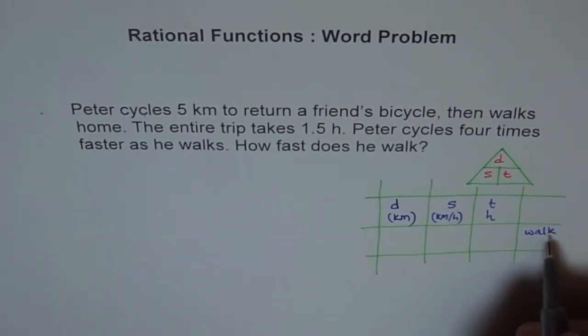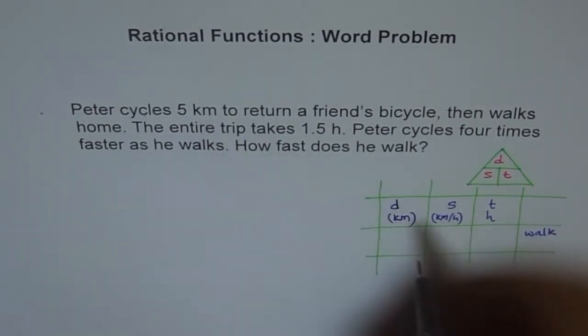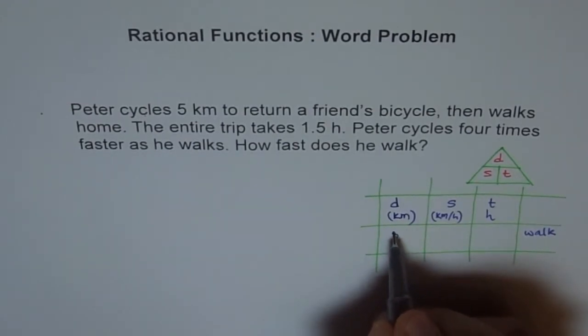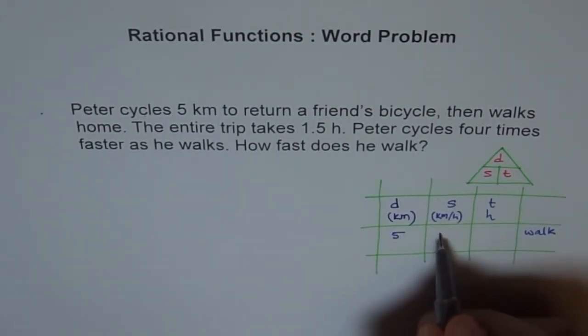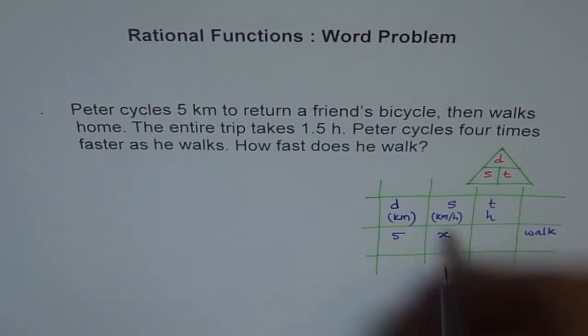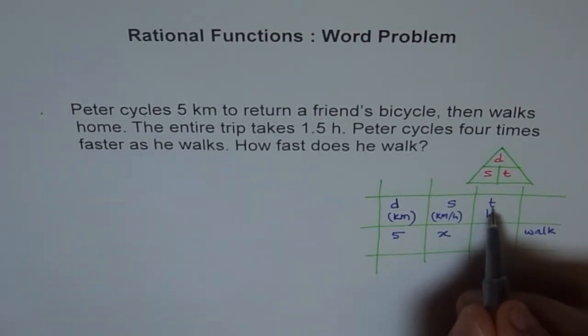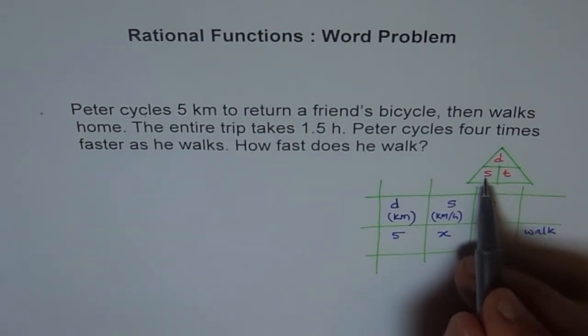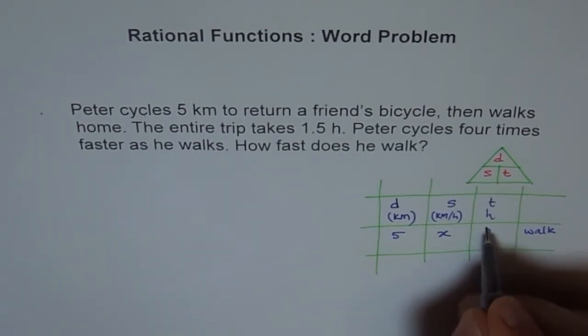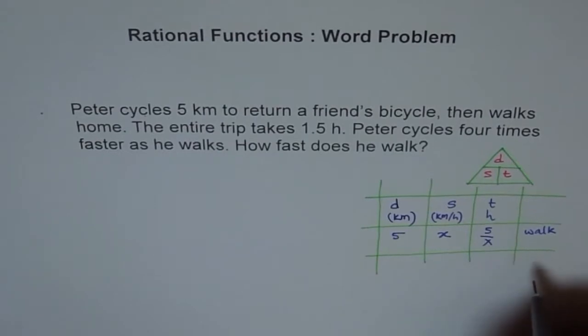So let's say when he walks, he has to walk 5 kilometers back. So it is 5 kilometers here, and the speed is, let us say, x. If you walk with a speed of x kilometers per hour, how much time will be taken? Time is distance divided by speed, and therefore it is 5 over x. Now let's say he's going to the friend's place and he cycles.